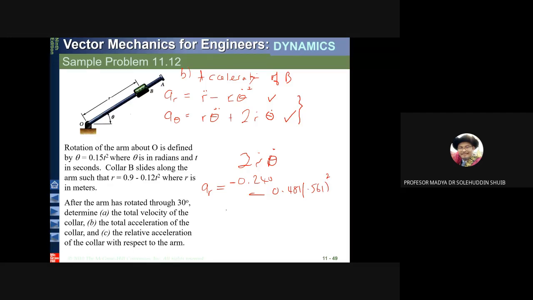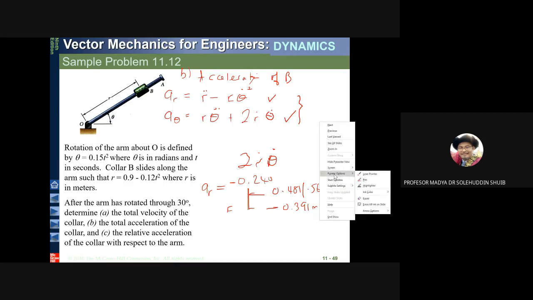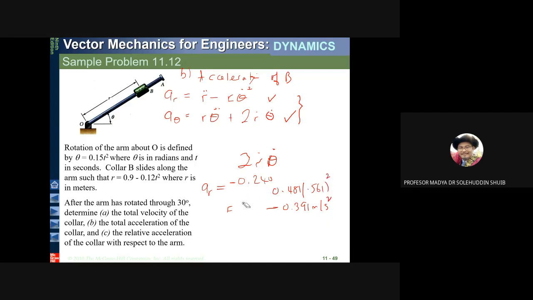So you get the value of minus 0.391 meter per second square. So this is the answer for radial acceleration.